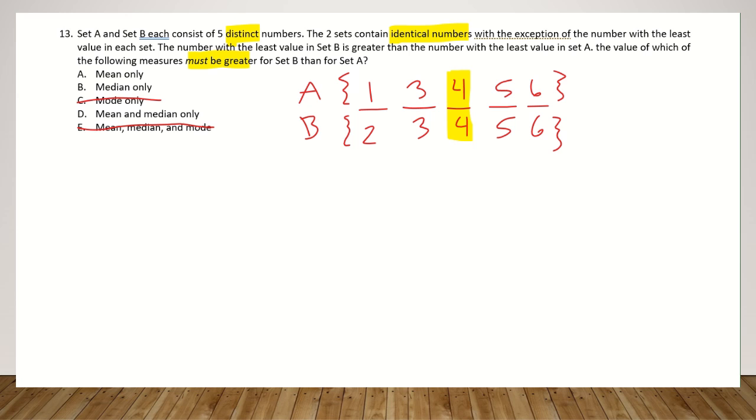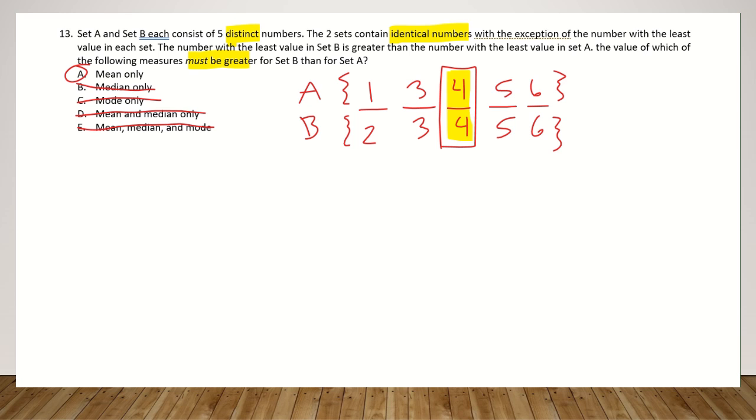Mode, we can also cross out because it's distinct. There's no repeats. No repeats means no mode. So we can get rid of all those choices. And that means it's the mean. The median is the same. There's no mode because they're distinct. The only one it must be is the mean.